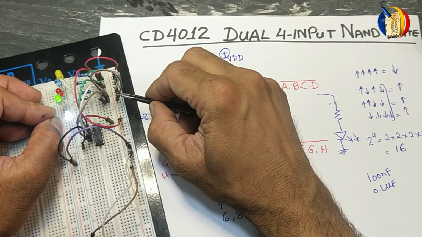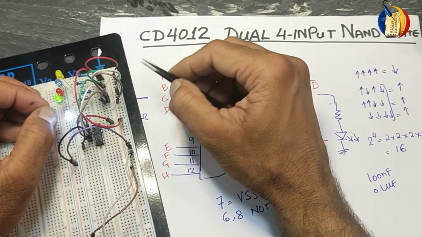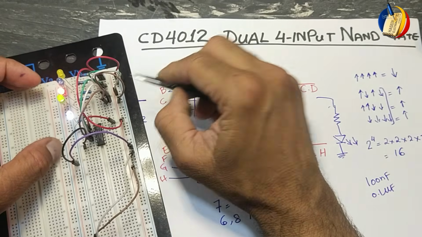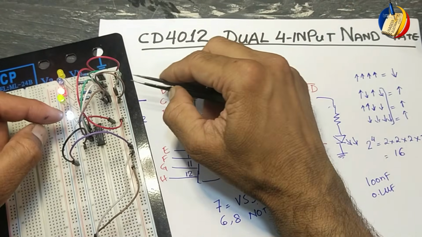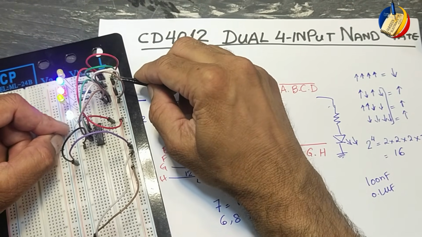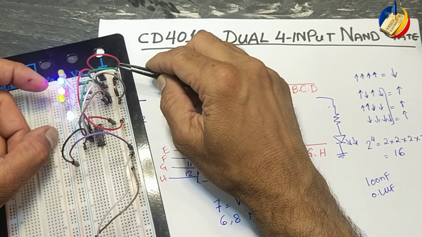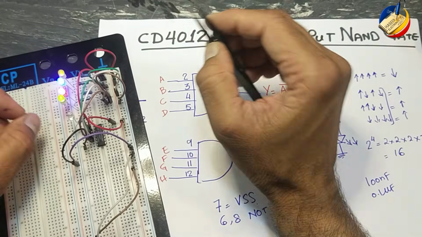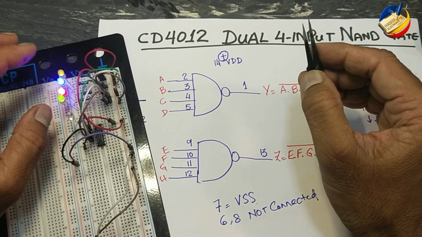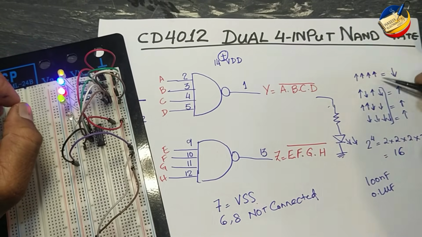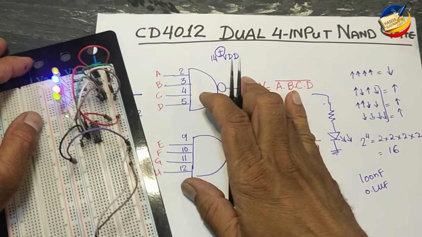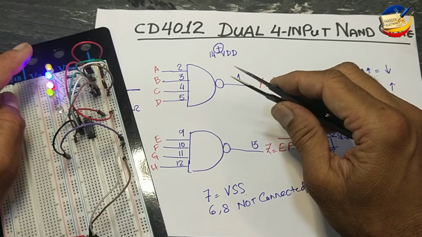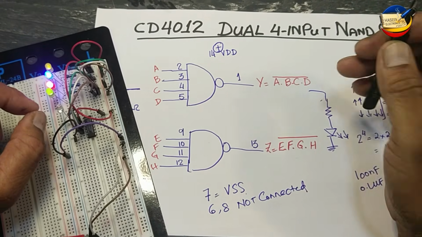Let's suppose one input becomes high. Still the output is high. If two inputs are high, the output is still high. Three inputs are high, the output is high. 4 inputs, all inputs are high, the output is low. This is its main role. It will ensure when all inputs are high, then it will provide low signal.